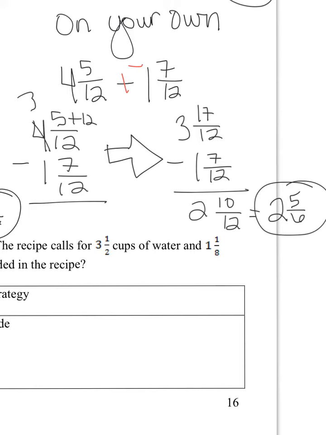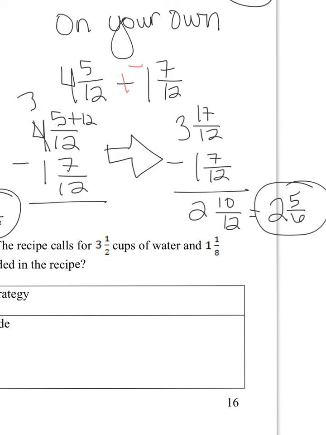Once I do that, I'm going to go ahead and line up my fractions. I had 4 and 5/12 minus 1 and 7/12. They already have common denominators, but the problem is I can't take away 7 from 5. That means I need to borrow from 4 and make that a 3.